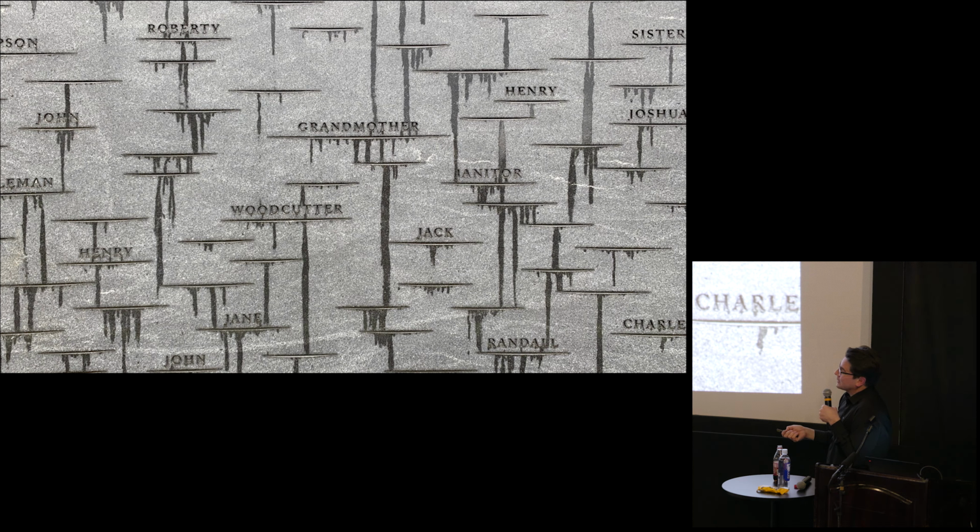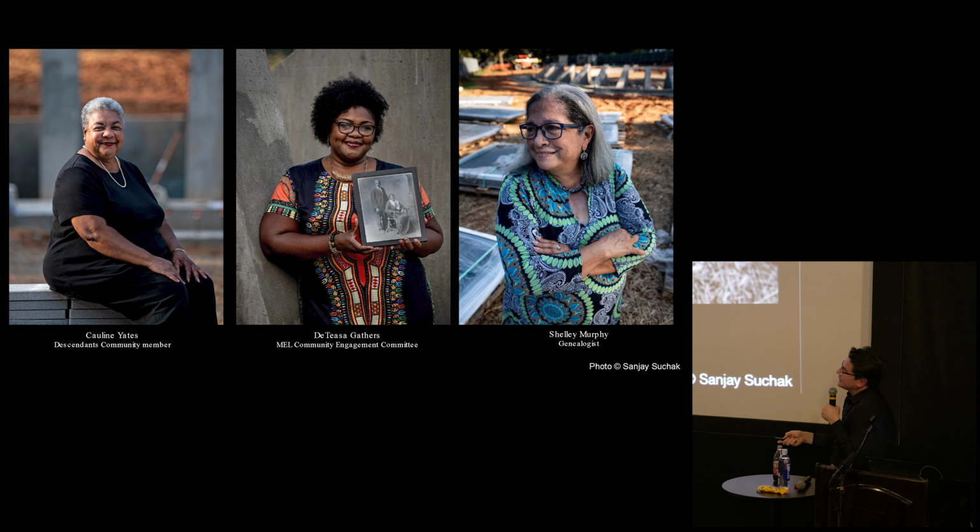The coda to this project is that, in fact, these empty spaces, they're still discovering names of the enslaved. And so there's new names that are vetted and added to the memorial over time. And in a way, that's a kind of glimmer of hope, right? It's necessarily unfinished, but the genealogical work of finding descendants and inscribing their names is ongoing.